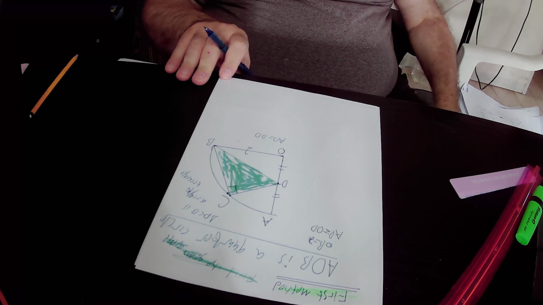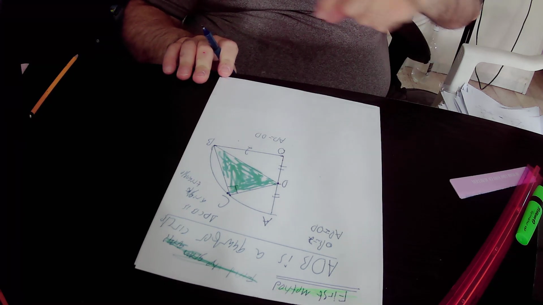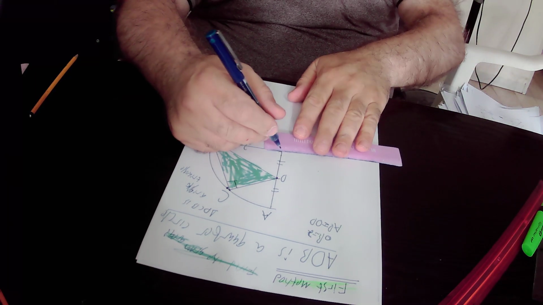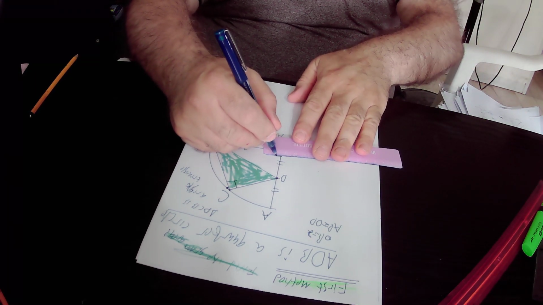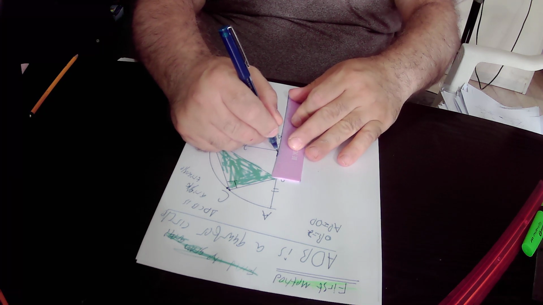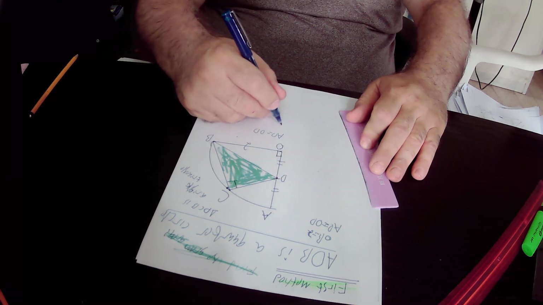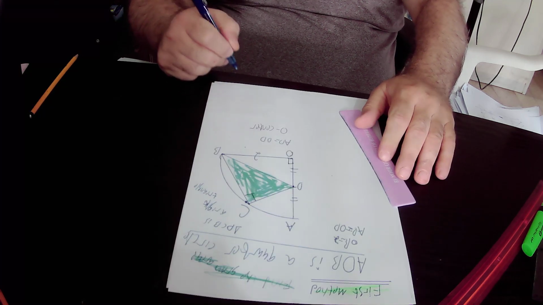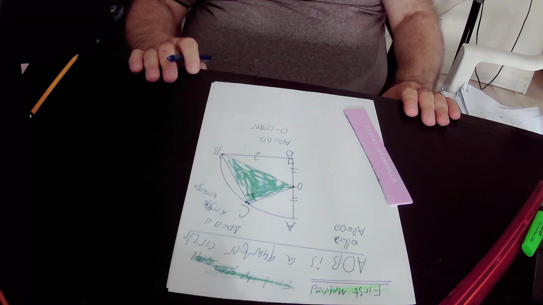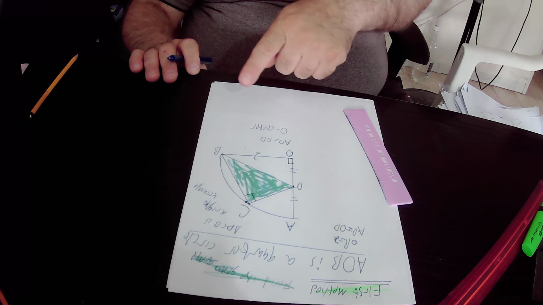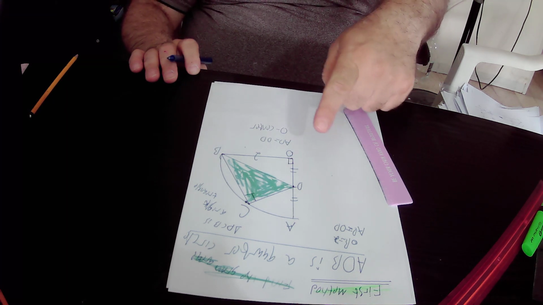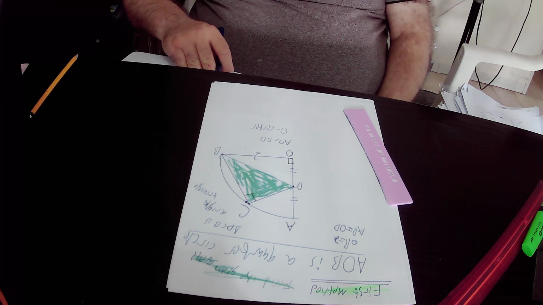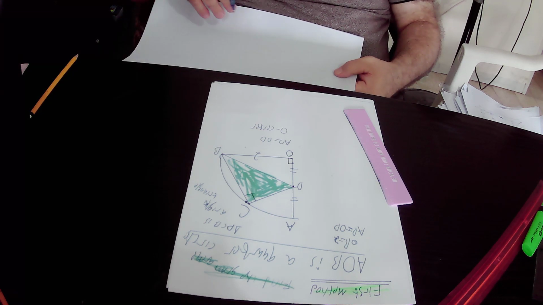Okay, first of all, because AOB is a quarter circle, it means that angle AOB must be equal to 90 degrees. And it also means that point O is the center of the quarter circle, and OB is the radius of the quarter circle, and AO is also the radius of the quarter circle. So we write those things down.